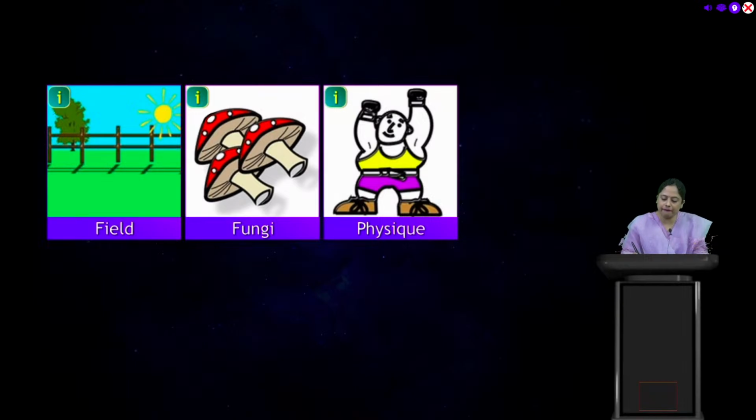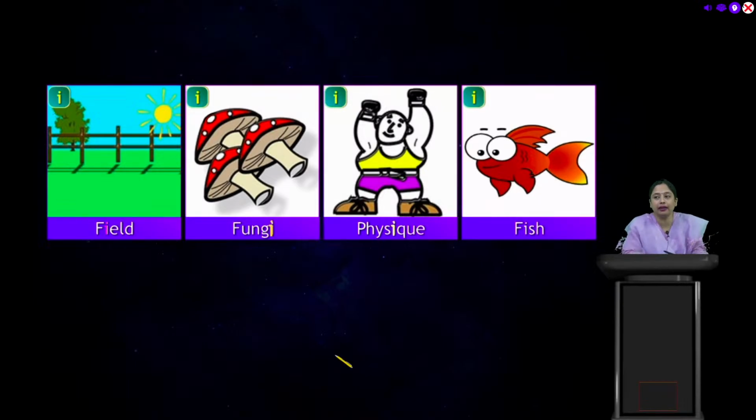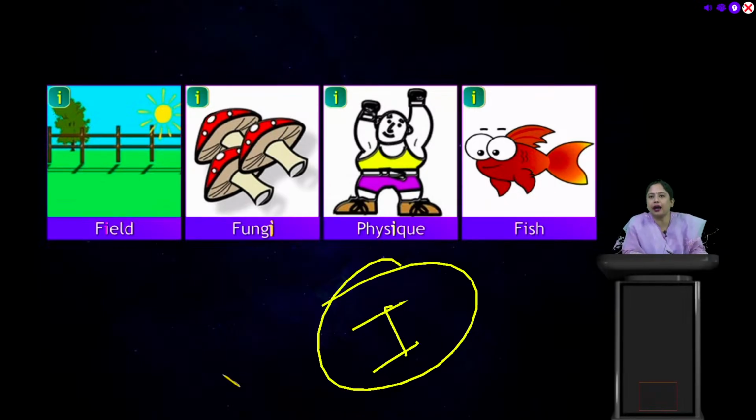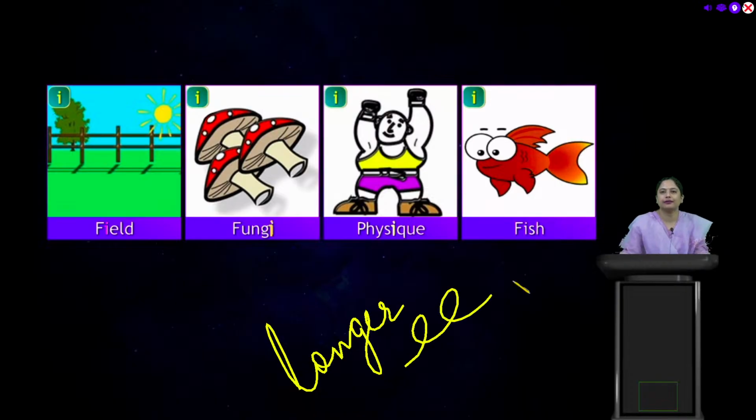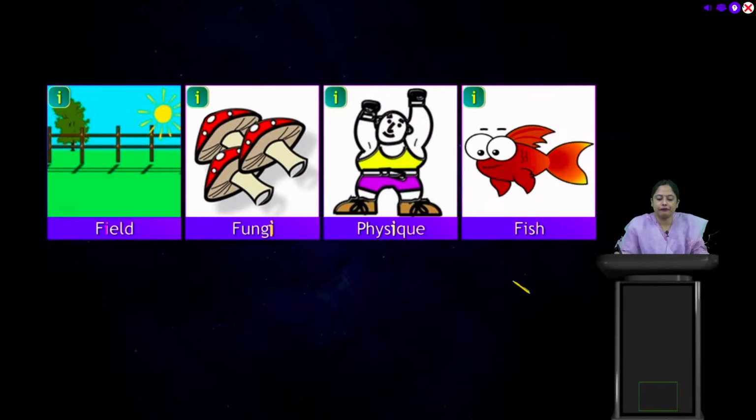Once again, I'll bring forth 4 new words, again consisting of the same vowel letter I. This time we will see this I again produces a new sound. F-I-E-L-D, field. See, when we say field, I make it longer. It is the longer E sound. Yes, field. Fungi.